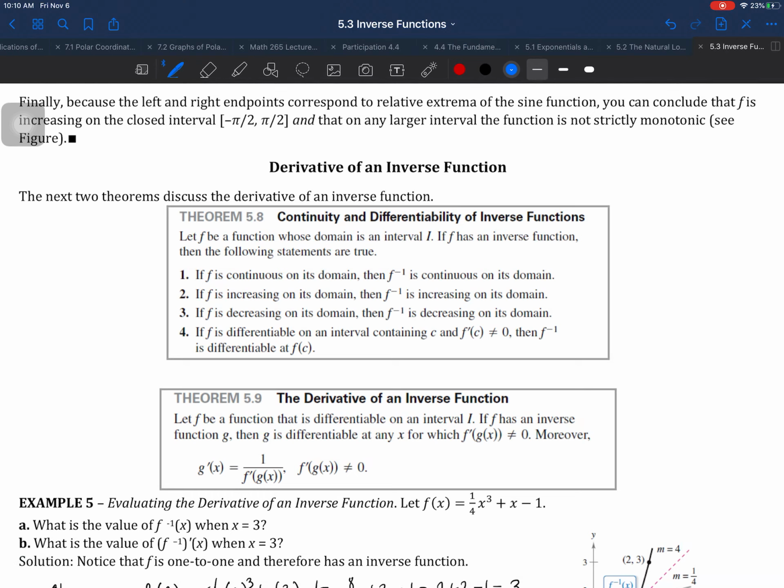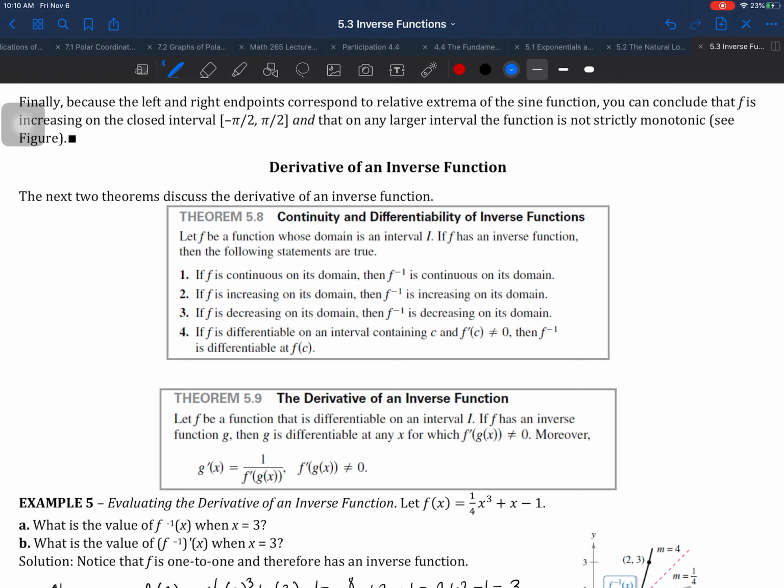Let f be a function whose domain is the interval I. If f has an inverse function, then the following statements are true. If f is continuous on its domain, then f inverse must also be continuous on its own domain.